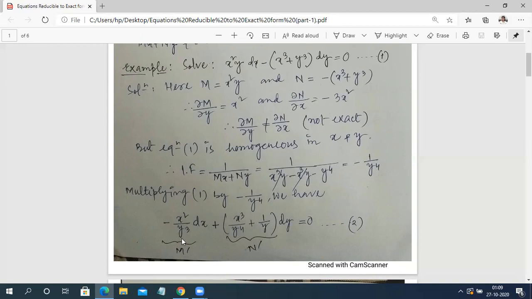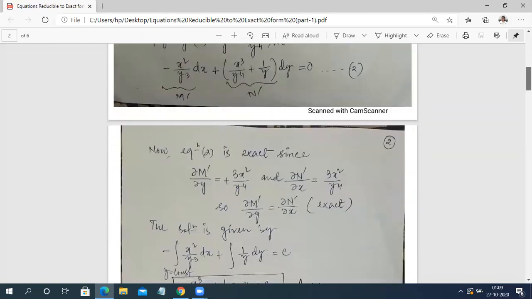Now this is your new M and N. It is also of the form M dx plus N dy, where M gets changed to M dash, and that is minus x square upon y cube, and N gets changed to N dash, and that is x cube upon y to the power 4 plus 1 upon y. Now check whether this equation 2 is exact or not.